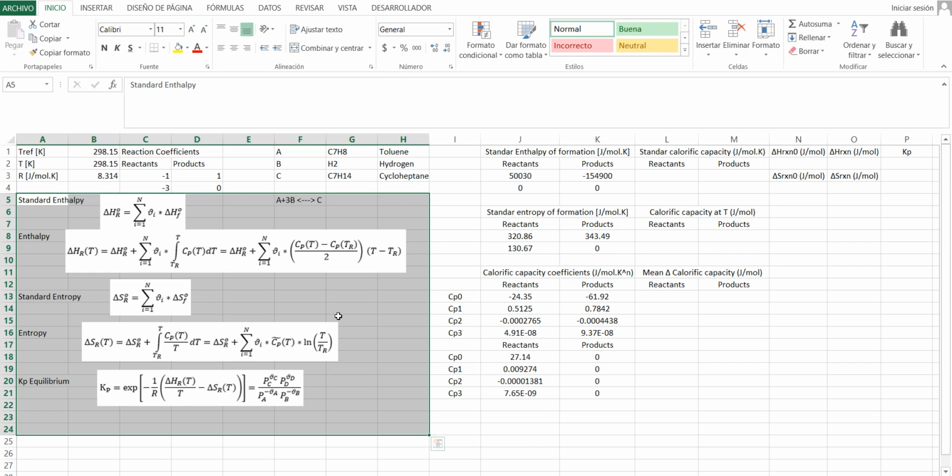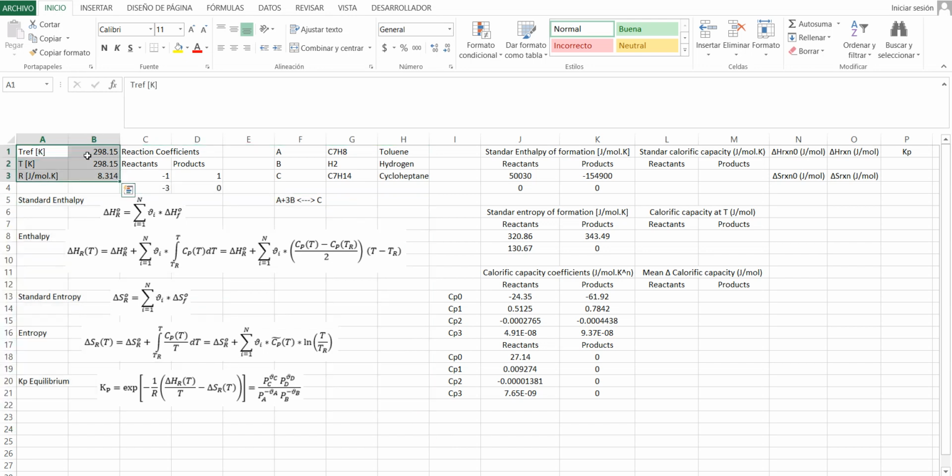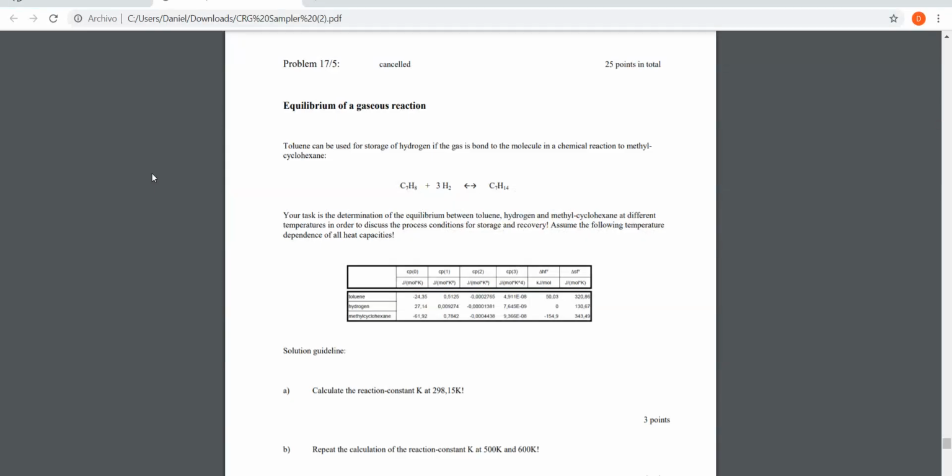What do we have here? We have a temperature of reference, the temperature that it is asked to calculate this K value, and the constant R of ideal gases. We have the reaction coefficients for each substance. If we look at this reaction, it says 1 mole of toluene plus 3 moles of hydrogen produces 1 mole of cyclohexane.